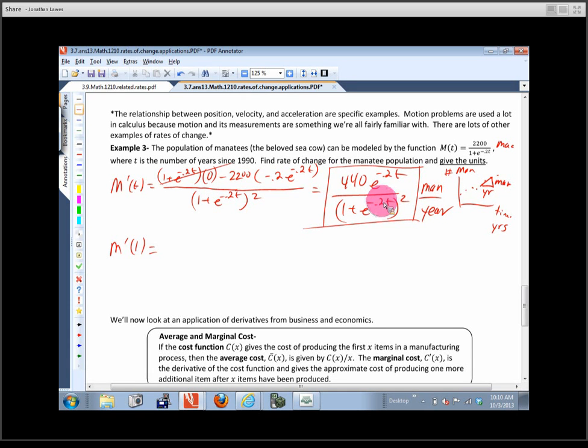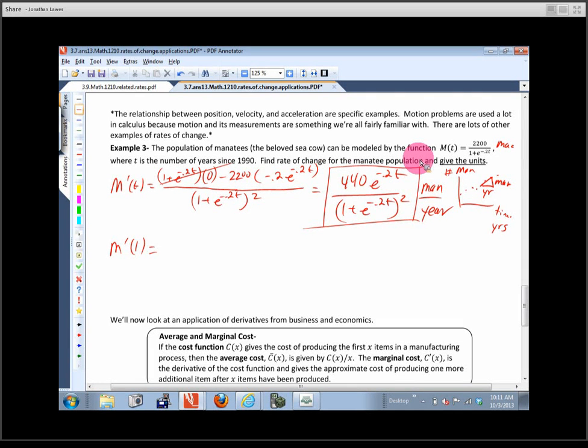Can you tell me something else about it? Look at the bottom. It's the entire bottom squared. What type of answers are we going to get out of there? Positive. The bottom's going to be positive. What can you tell me about the top? 440 times exponential base e.